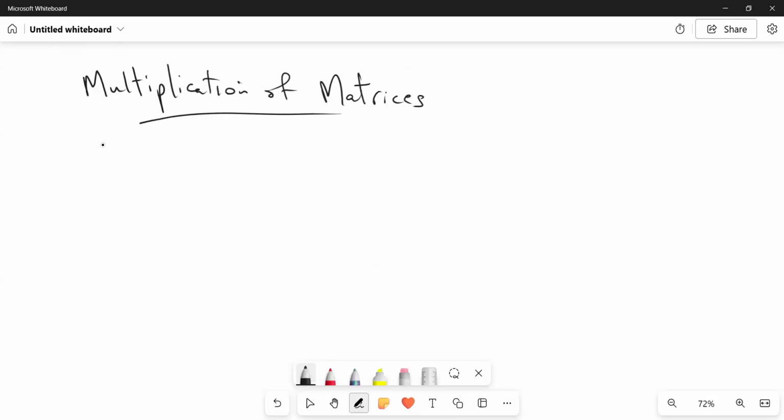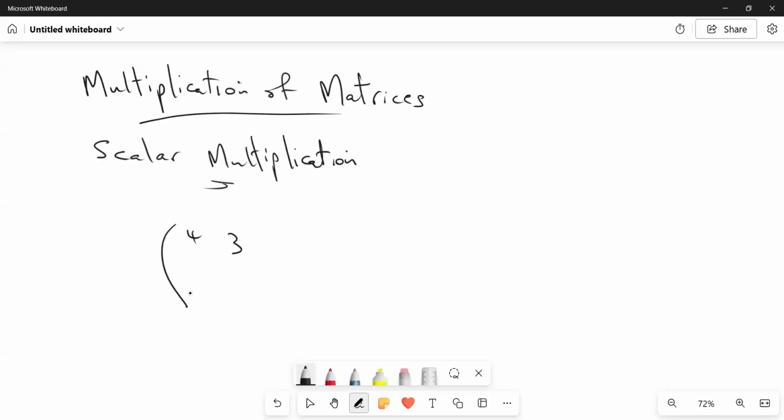So we start with what we call scalar multiplication. Now what this simply means is if you have a matrix and you were to multiply by a number in front here, right? Very much like the distributive law. You just multiply everything in here by the 2, right?